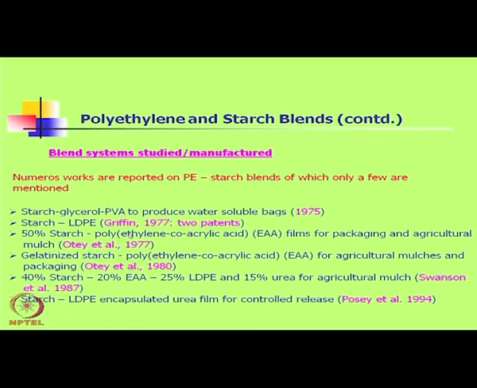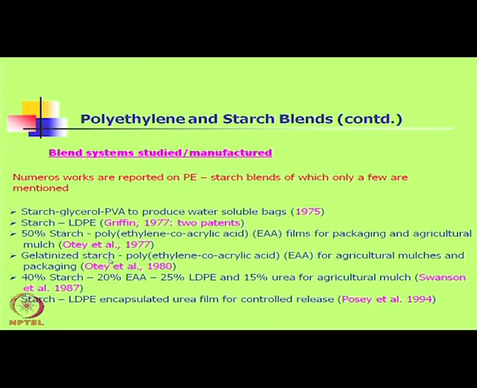Polyethylene co-acrylic acid, an acrylic acid ethylene copolymer with 50% starch, has also shown very good degradation properties, and has been used for packaging and agricultural mulch film.